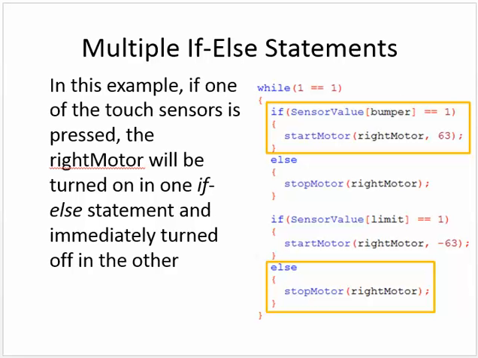I want to point out again that we have the left bracket, and then down here a right bracket. Left bracket and right bracket here for the if statement, a left bracket and right bracket for the else statement, left and right for the if, left and right for the else. Notice that there is a match, a yin and a yang, or a right and left for each one of these.